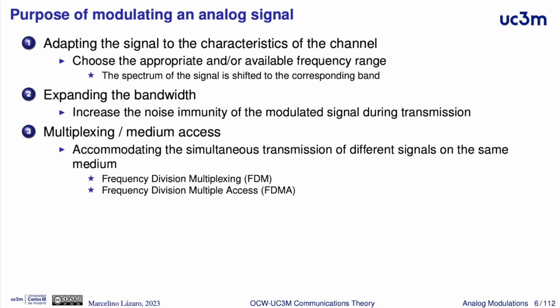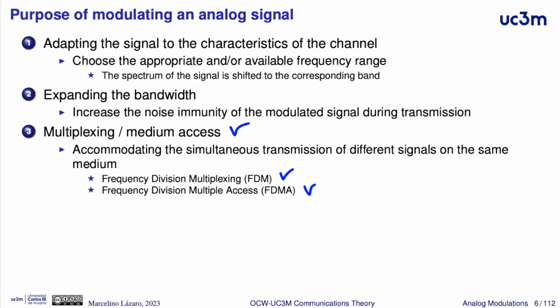This is called multiplexing or medium access. In this case, if we use the modulation to multiplex or for medium access, the technique is called frequency division multiplexing, FDM, or frequency division multiple access, FDMA.